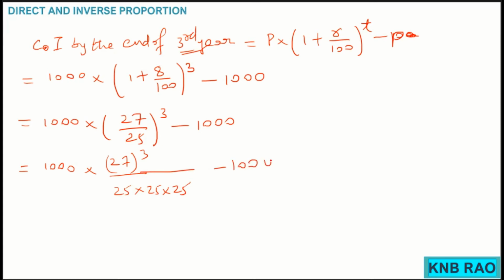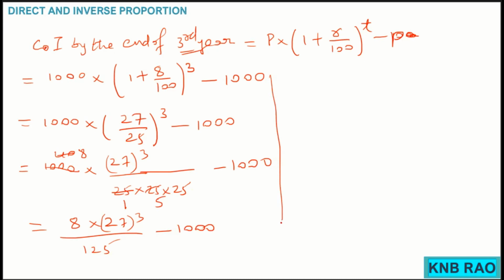So first, with this 25 I will cancel: 25 ones are 25, 40 25s are 1000, cancelled. Again 5 8s are 5 5s are... So ultimately I am left to calculate 8 into 27 whole cube by 5 into 25, which is 125, minus 1000.